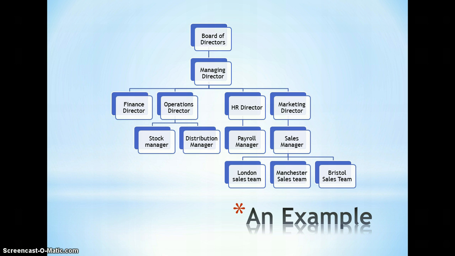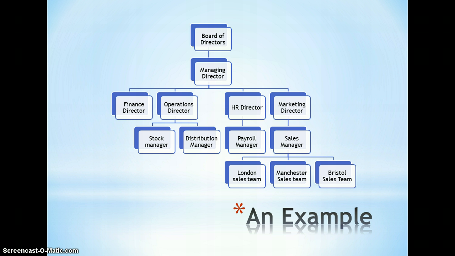We've then got the functional directors here, the finance, operations, human resources and marketing director on the third layer. After that, there are certain directors, not the finance director, but certainly the other three, who have people working for them. So the operations director's got a stock manager and a distribution manager. The HR director's got a payroll manager who looks after everyone's pay. And the marketing director has a sales manager.